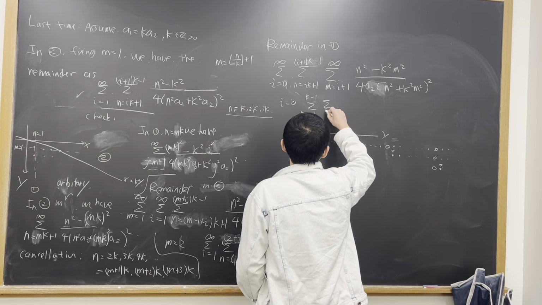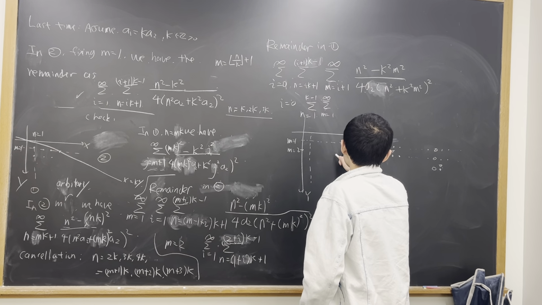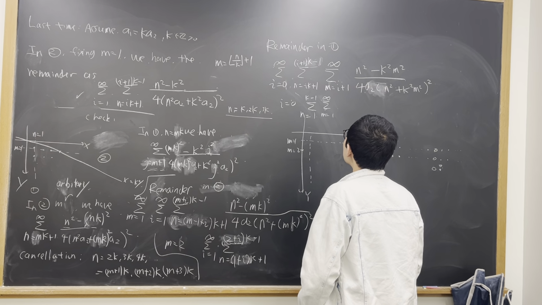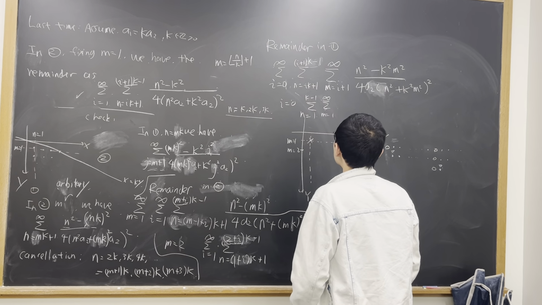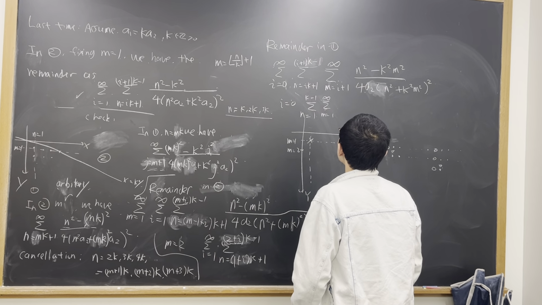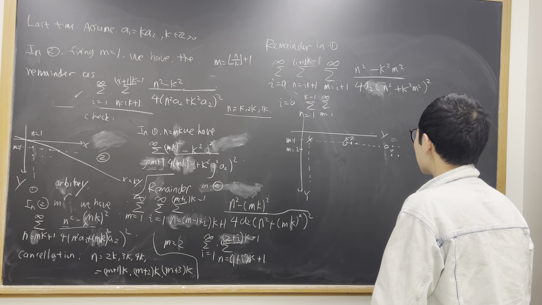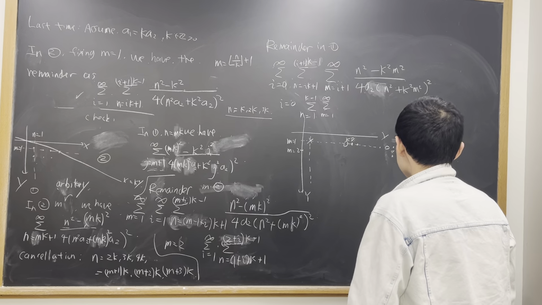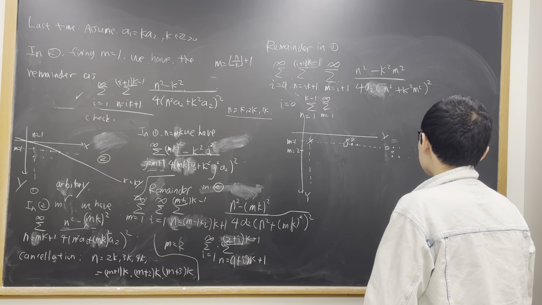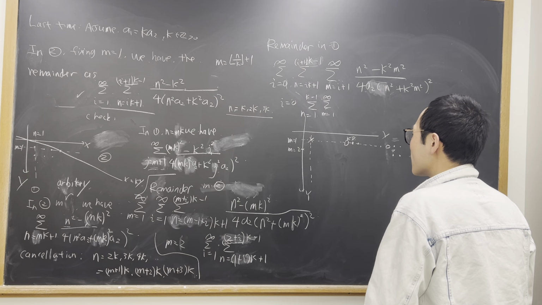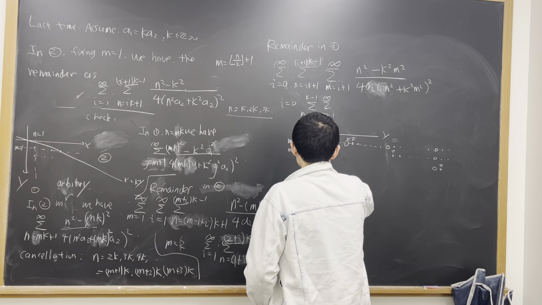And also we have the summation n from 1 to infinity. So these are exactly m equal to 2.